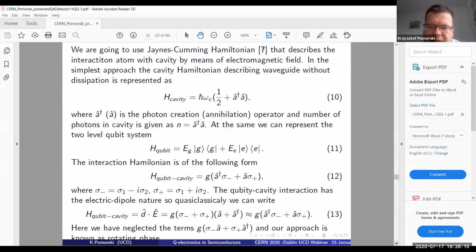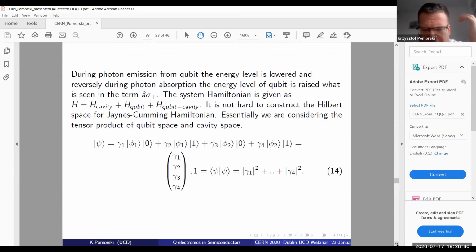All right. Again, we can place the system in an external radio frequency field, so we have a quantum cavity. We have a qubit, an interaction between qubit and cavity, the Jaynes-Cummings Hamiltonian, and then there's a possibility of having Rabi oscillation in a position-based qubit. I will not describe this in detail.